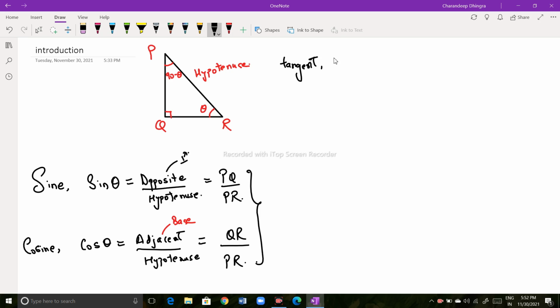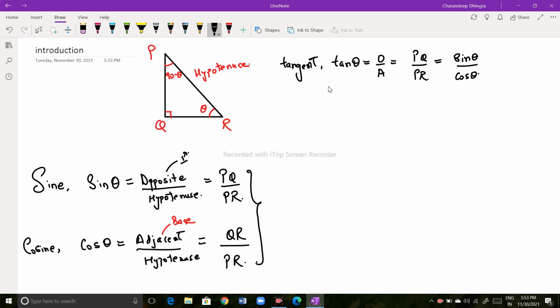And we write it in short form as tan of theta, that is opposite upon adjacent, or you can say perpendicular upon base. So opposite upon adjacent, that is PQ upon QR, tan theta. So tan theta can also be written as sine theta upon cos theta. You can clearly check from here. So these are the three ratios.